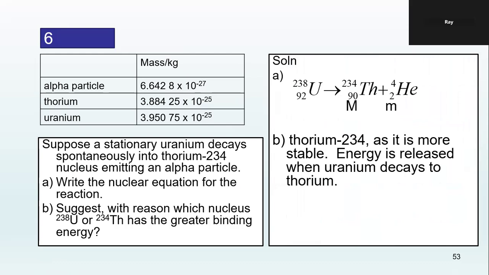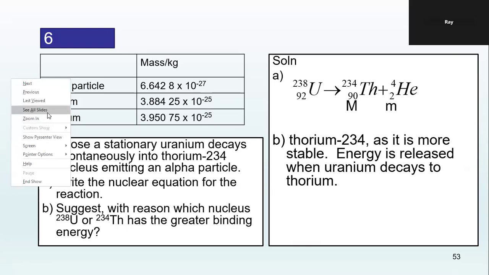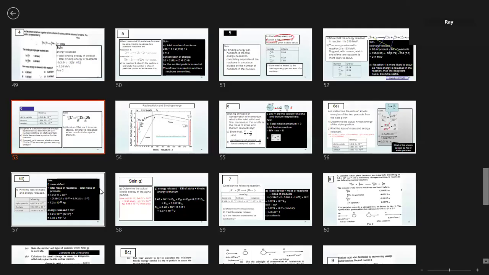Thorium-234 has more binding energy per nucleon, as it is more stable. Energy is released when uranium decays to thorium. If you want, you can try completing it yourself.